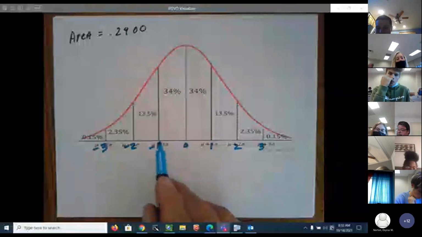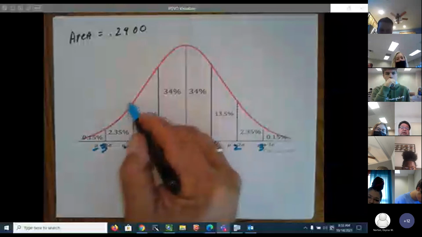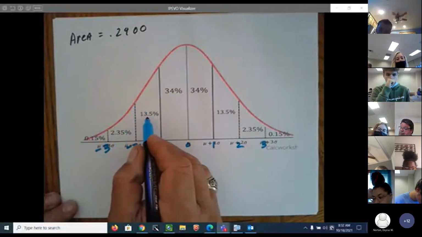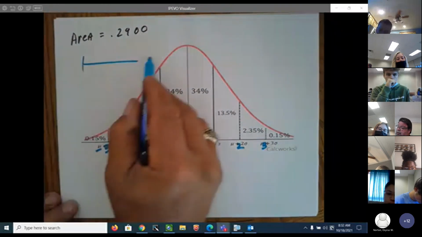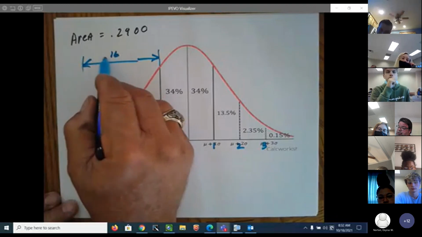All right, so he says it's right in here. Well, that's true because this right here is 16%, 2.5 and 13.5. Right here, from here to here is 16%.